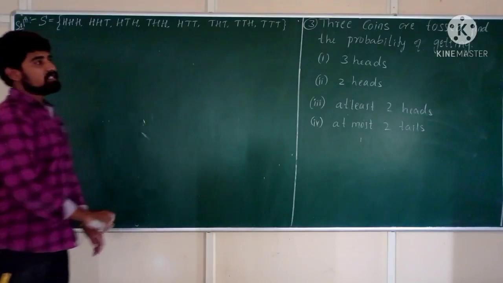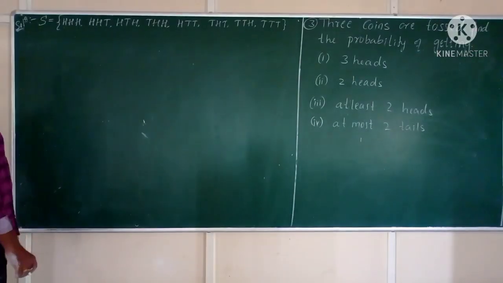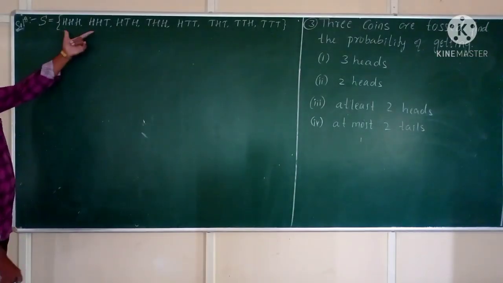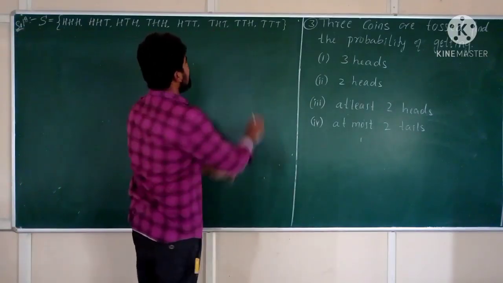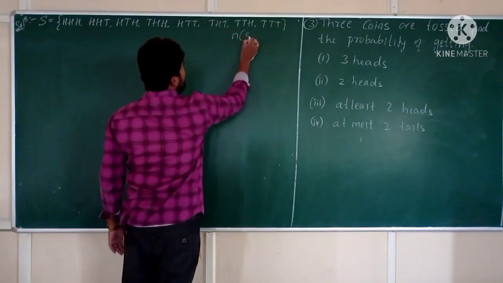I hope all of you understand it. The number of outcomes present in this sample space is 2, 4, 6, 8. Therefore, the number of outcomes present in the sample space is 8.